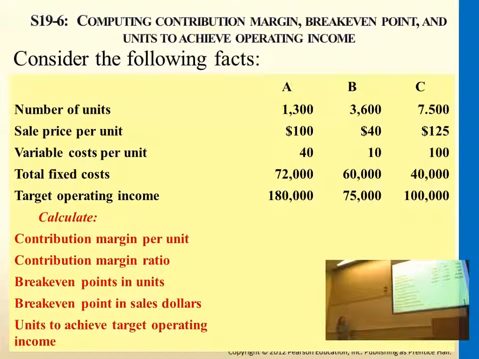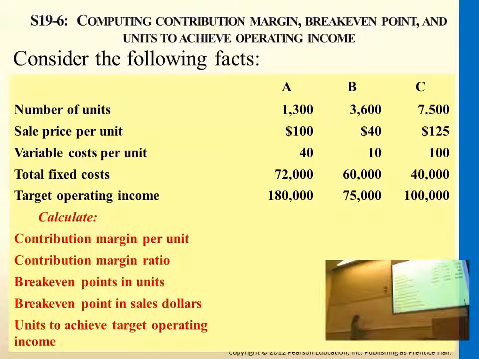And then the last one, remember upper portion here, we're talking about break-even units, setting the operating income at 0. So for target operating income, the units that we need to achieve the $180,000 will be, again, using the ratios, fixed costs we need to cover, but now we're not adding 0, but we're adding that target operating income.